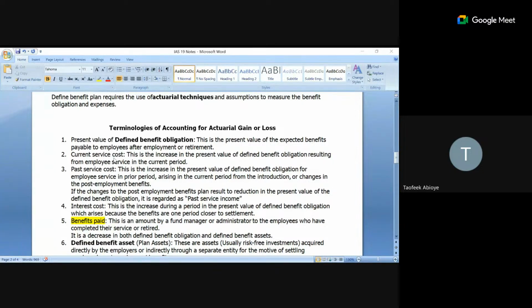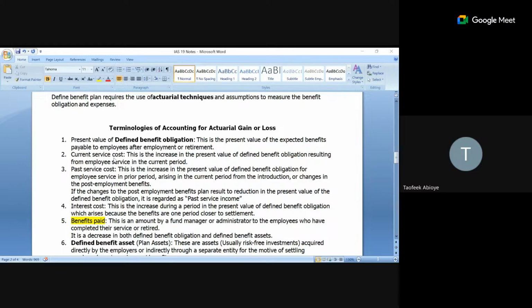Do we know that? Yes. Some older people or some senior colleagues will retire first before the junior, before the middle level. So as they are retiring, the benefit that they will be collecting is called benefit paid.